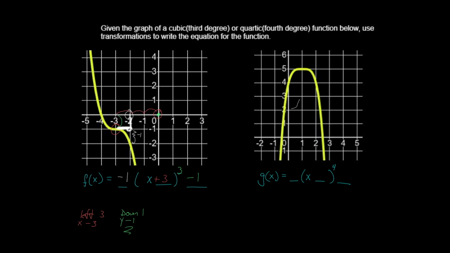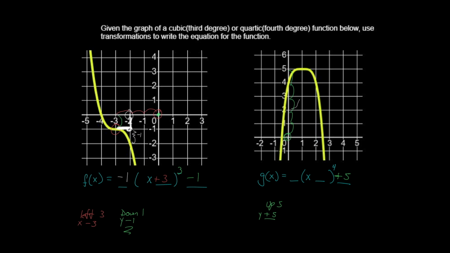So let's go ahead and look at the translations first. It normally starts here. You can see it's been moved up 1, 2, 3, 4, 5. So we've gone up 5 units, which means we're adding 5 to the y values. Well, y is affected by the outside stuff, and in the same way, so since we are adding 5, we're going to keep that operation the same, putting it on the outside.